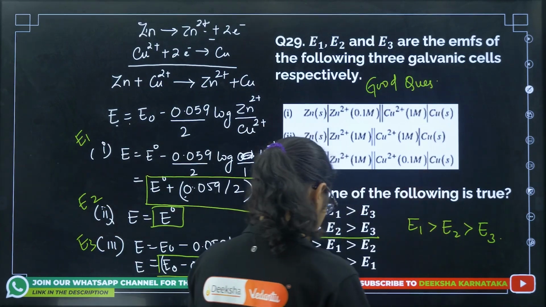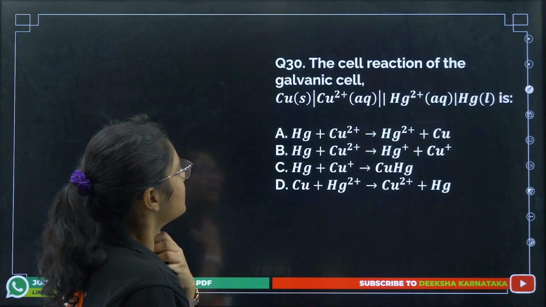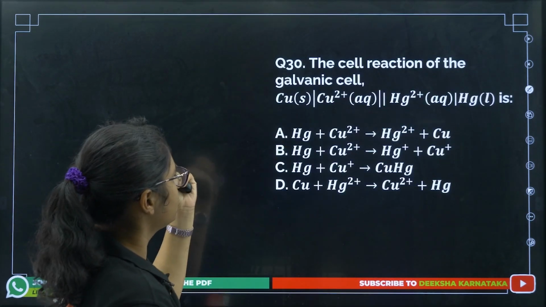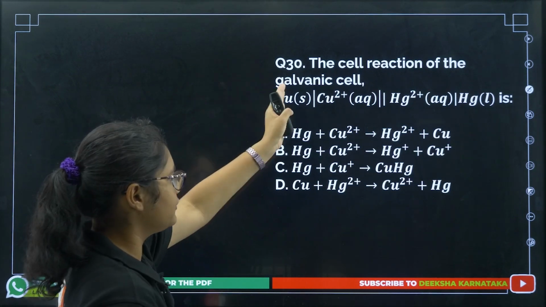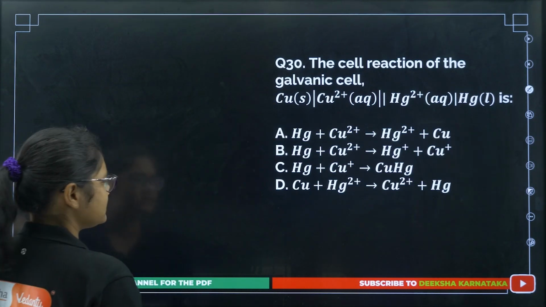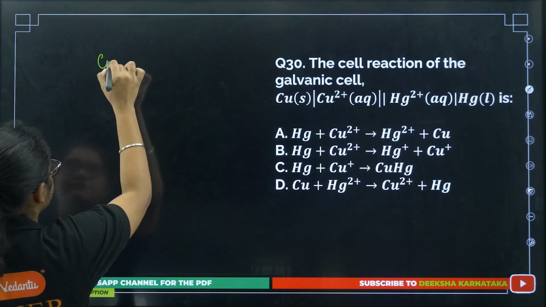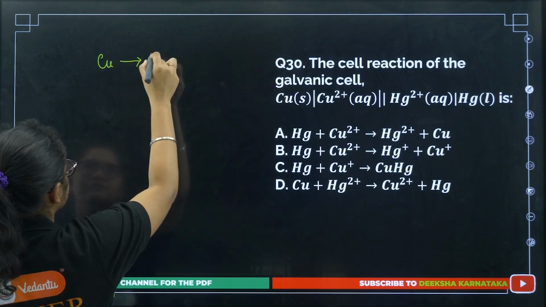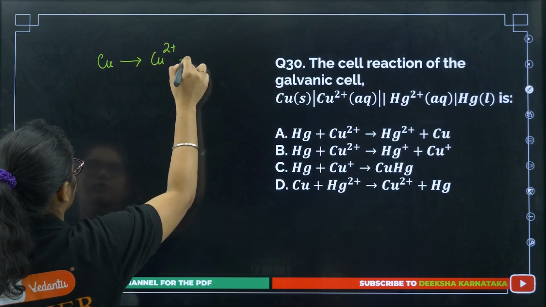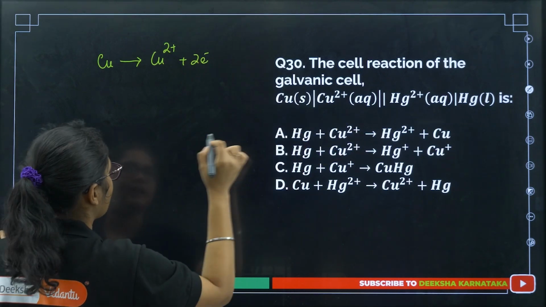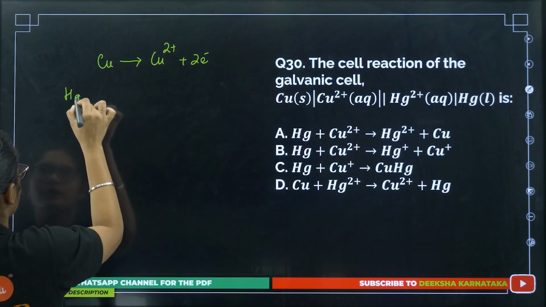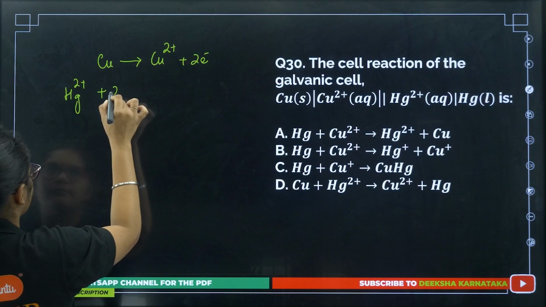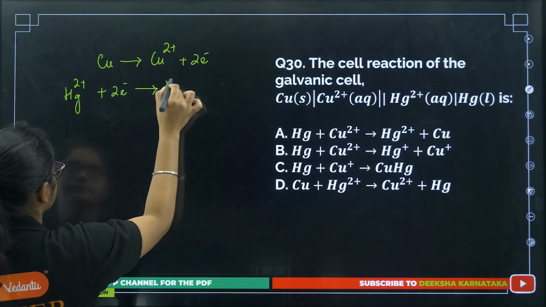Okay, next coming to the last question of the test. The cell is given to you, you have to identify the cell reaction. This is a very simple question. The left side, I told you, if you remember, is oxidation. So copper is undergoing oxidation by giving 2 electrons. And then we have mercury, which is undergoing reduction by taking 2 electrons.